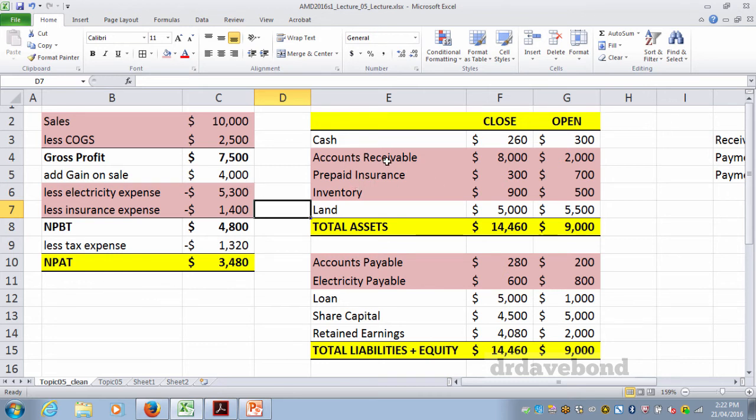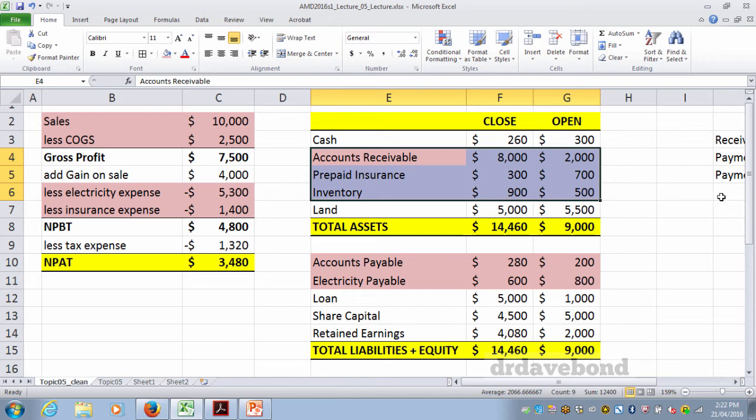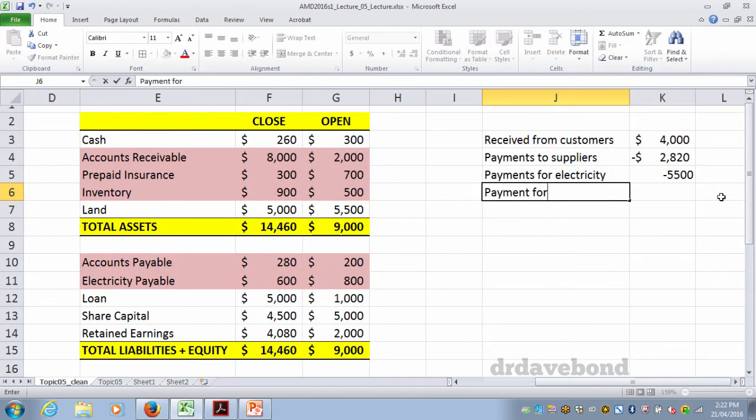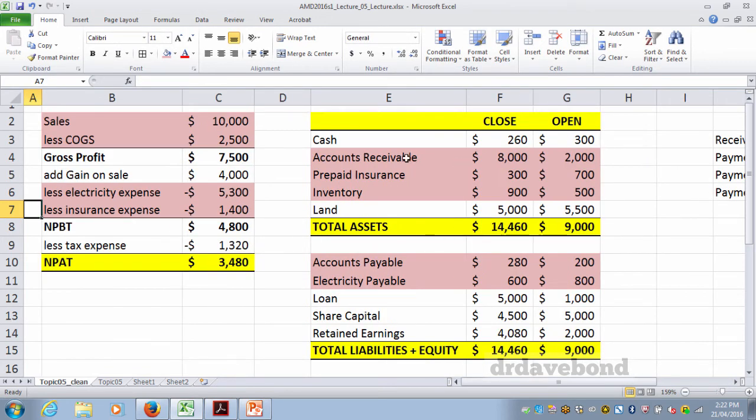What else is left? So that's payment for insurance, negative 1,000. And one last thing, even though it's not in here or in here, we have a tax expense, but there's no tax payable at the start, which means we owed no tax at the start of the year and we owed no tax at the end of the year. So we can just conclude that tax expense is the amount that we paid during the year.